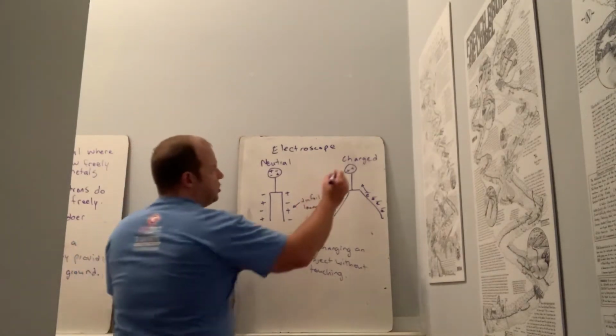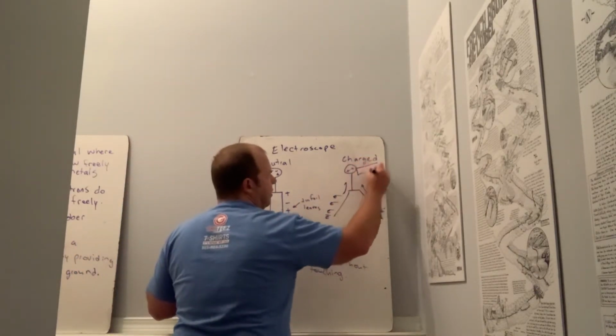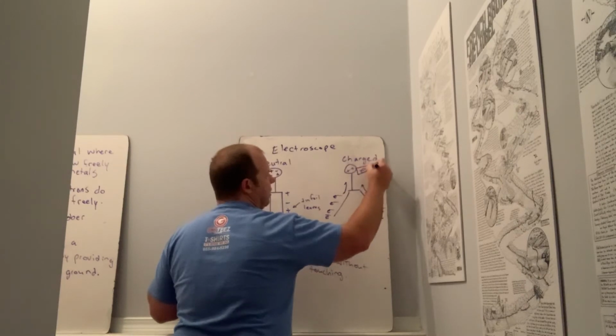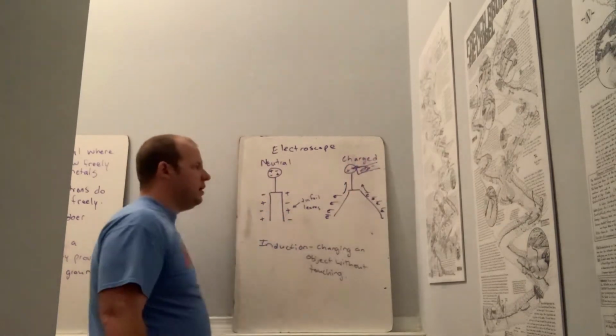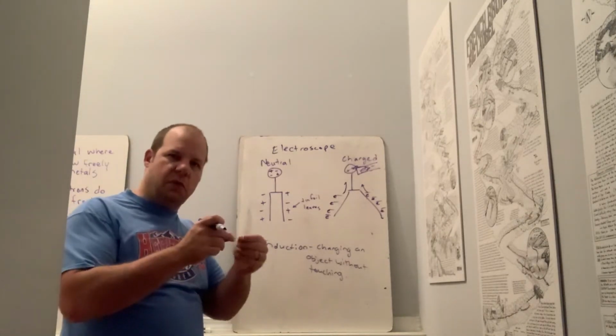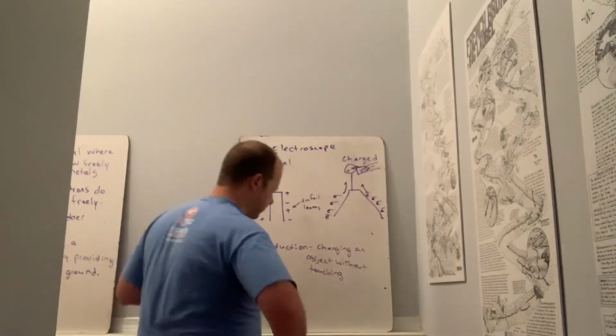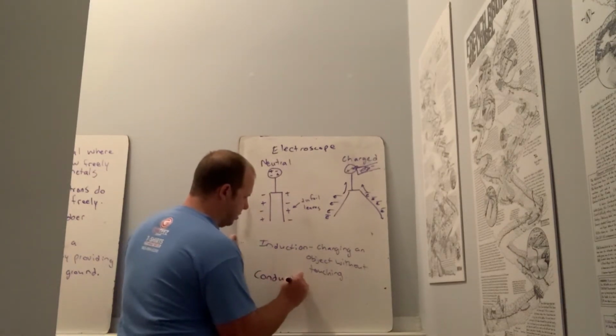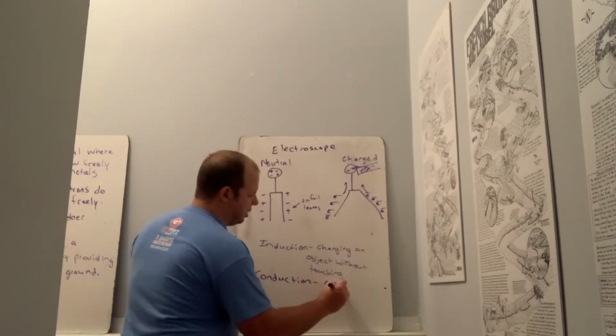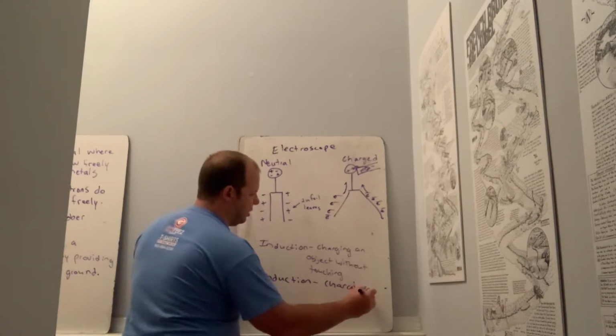Now, what if I touch the rod to the stick? Now these electrons can pass into the rod directly. This is like connecting the wire, right? We call this conduction. And it's called charging by touching.